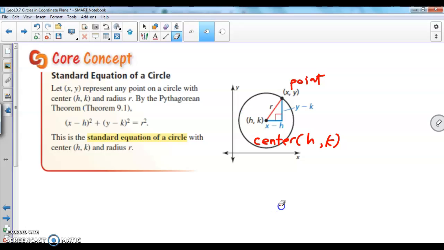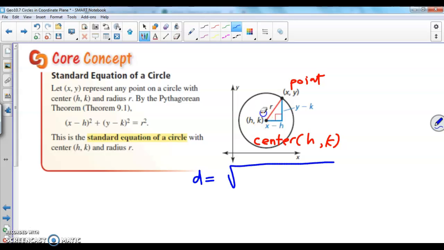Okay, so if you want to get the radius, you can actually find the radius by using the distance formula. So we know that the distance formula is given by the square root of, and then you pair the x coordinates up. The x coordinate here is x, and the x coordinate here is h.